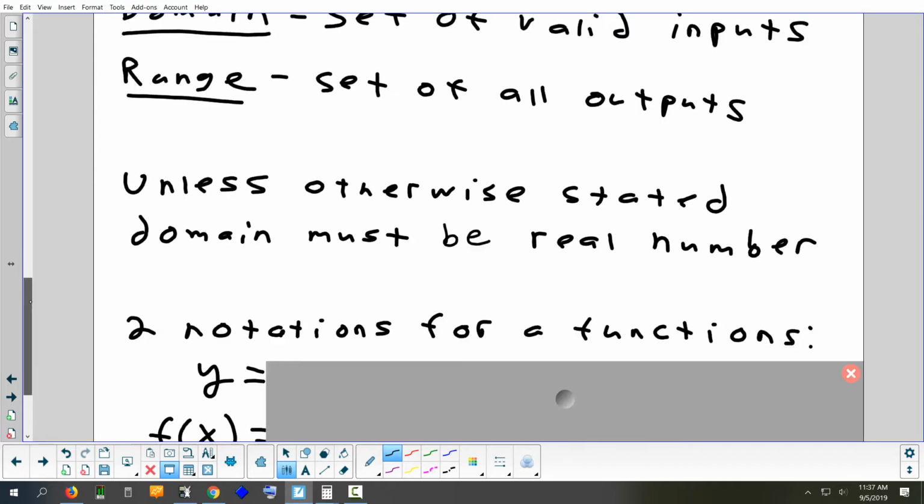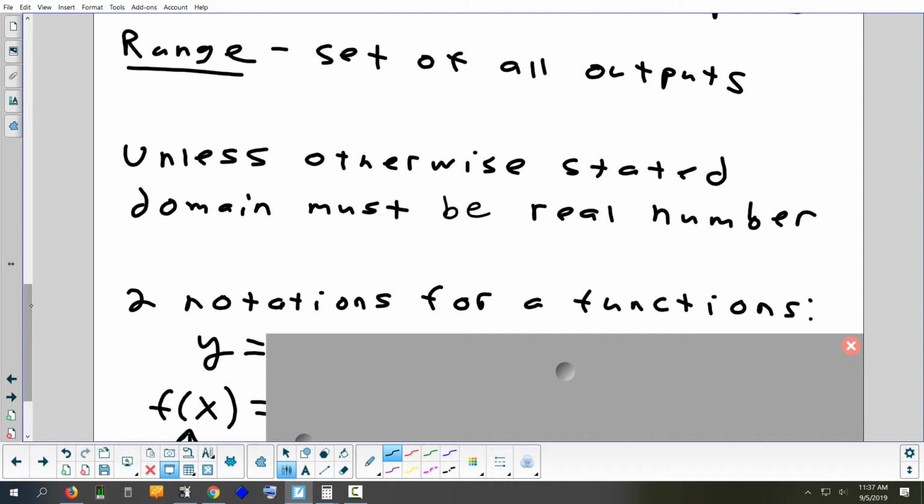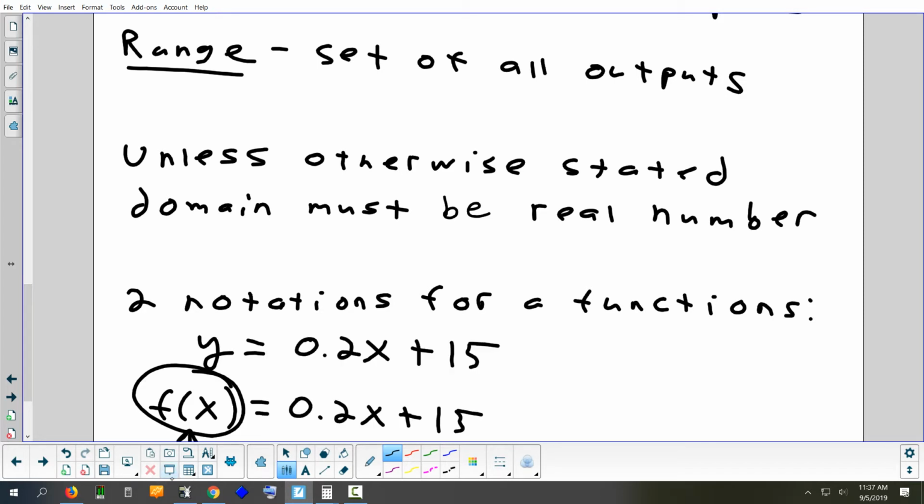Now, when you write a function, there's 2 ways to do it. You can do y equals. That's how it looks on the calculator. Or you can also do this. Does anyone remember how you pronounce that? It's not f times x. It's not how you say it. F of x. Yep. So when we did the rent-a-car problem, we said y equals.